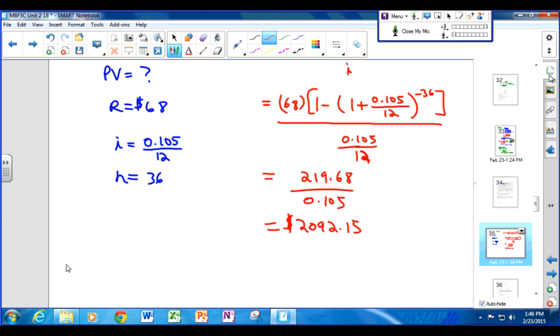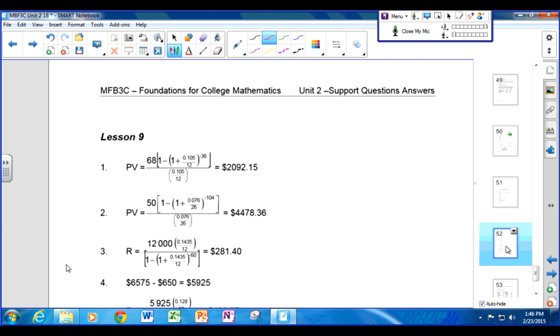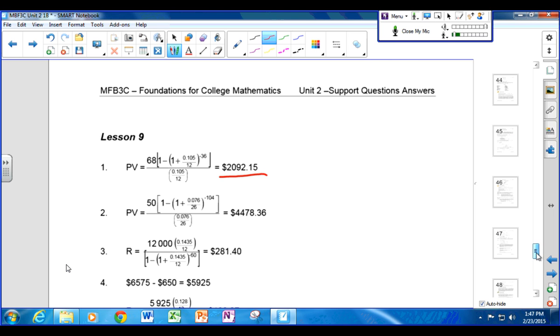This is page 23. Let's go right to the back here. Here they have lesson, what are we on? Lesson 9, and there it is. The answer that they give is $2,092.15.